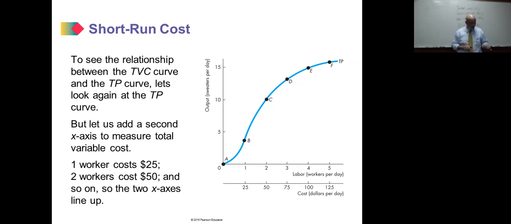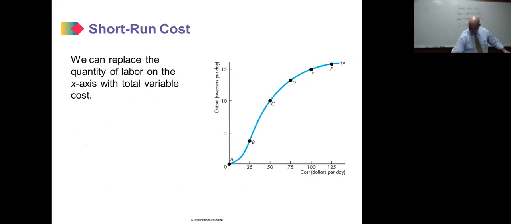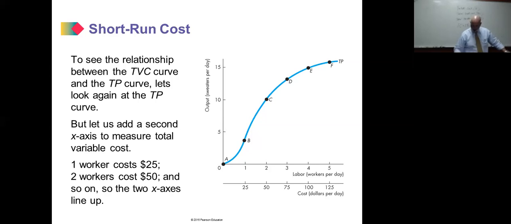Now, let's look at another slide here. What's happening here? We see the total variable cost curve. What's happening? I'm getting ready to put something else on it here. All right, let's first say one worker costs $25. Two workers cost 50 and so on.